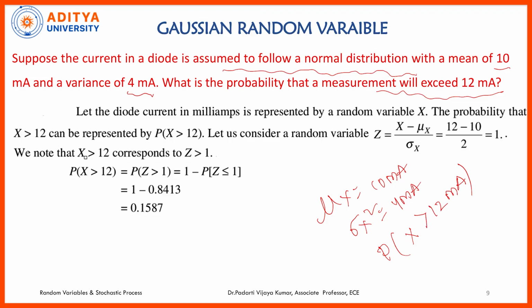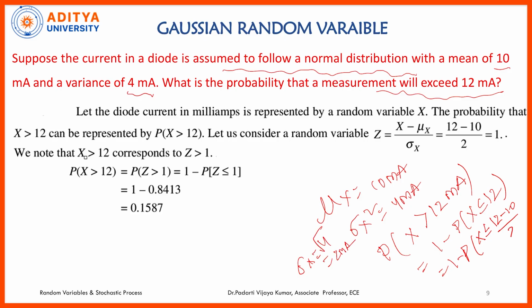So the probability of x greater than 12 can be written as 1 minus the probability of x less than or equal to 12. Here what we are doing? We are replacing x with x minus mu x by sigma x. Mu x is 10, sigma x is the square root of 4, that is 2 milliampere.